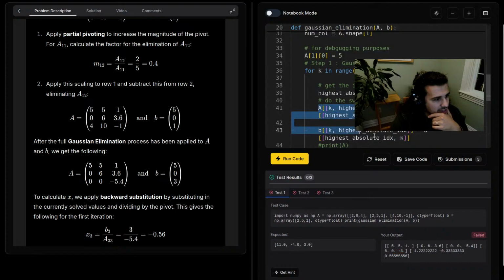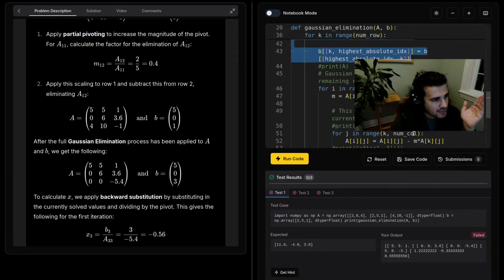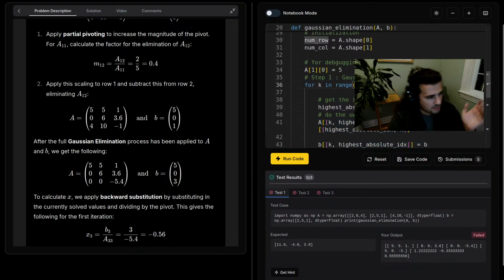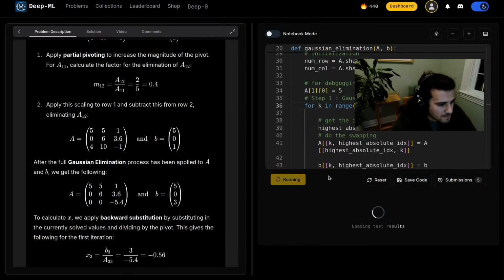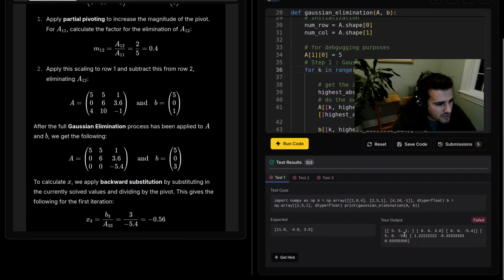The main issue we had is we didn't swap the B's at the same time because we didn't have an augmented matrix. We just had that. And at this point, is it because of that? Literally because we're going through the last row? It shouldn't be. No, it shouldn't be at all.